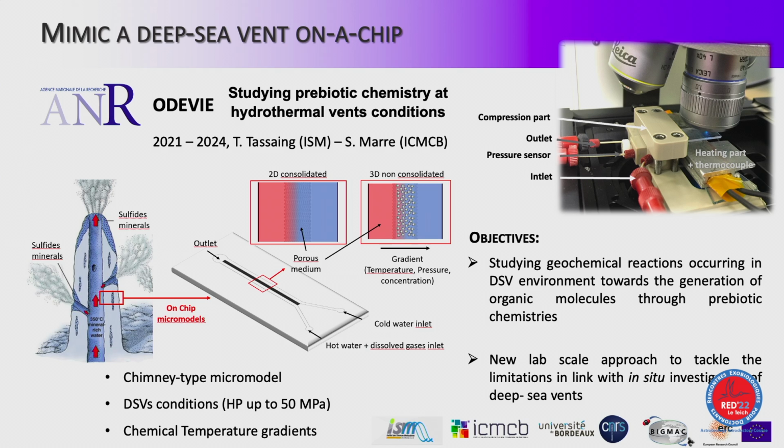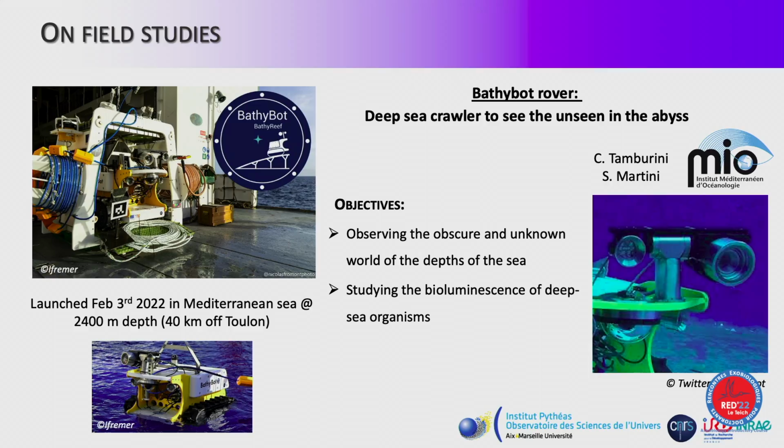Another perspective in the field is to perform on-field studies. As you know, the best way to understand those deep sea microbes is to go there, but as humans we can't do that. So the idea is to have a lab down there. I'd like to share with you the Vatibot Project. Vatibot is a rover. It was launched at the beginning of February in the Mediterranean Sea, so it's going to be down there for several years.